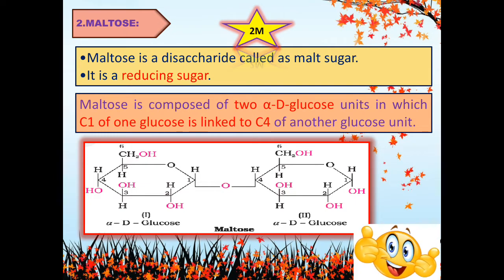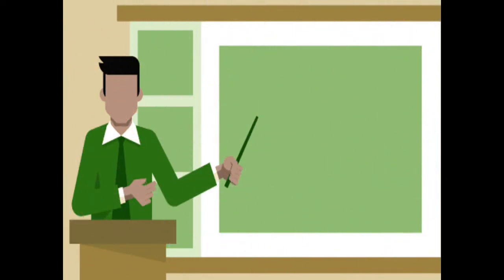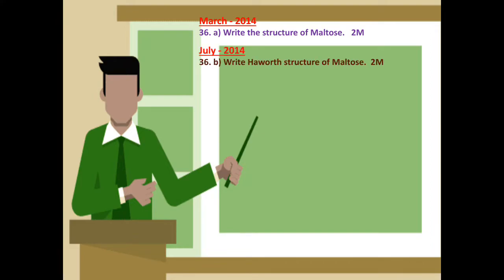Yes, we'll move to the next concept. That's a question paper question. March 2014 annual examination question paper 36th A question was like this: write the structure of maltose for 2 marks. July 2014 36th B question: write Haworth structure of maltose, 2 marks. March 2015, Haworth structure of maltose.